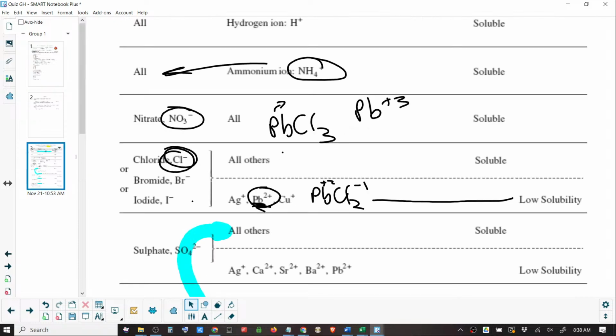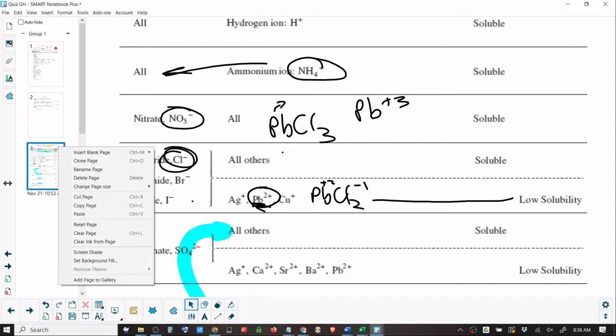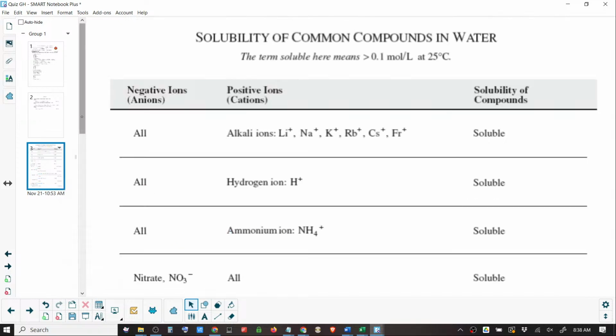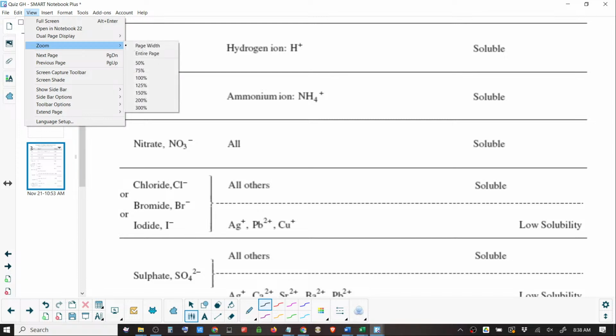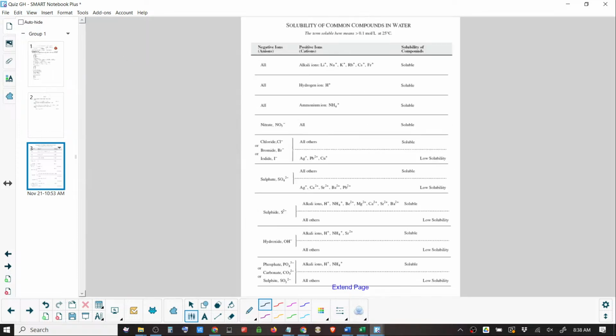Nitrate. If you look at the nitrate, let's zoom in on the entire page. Nitrate, soluble with everything.